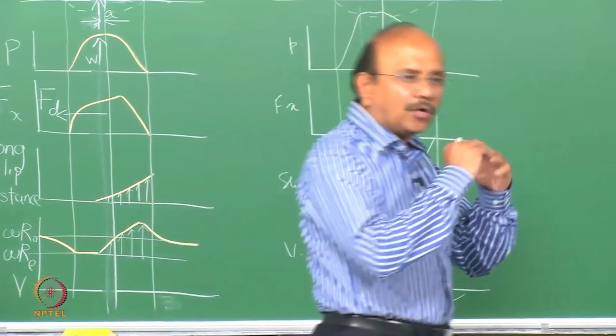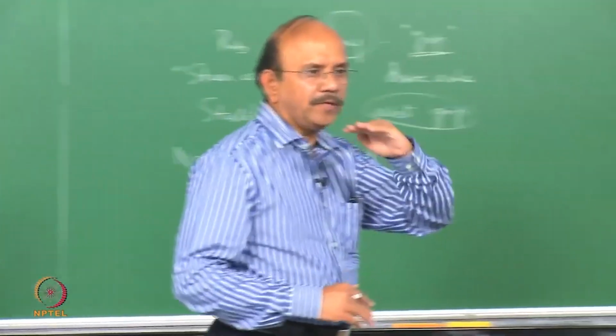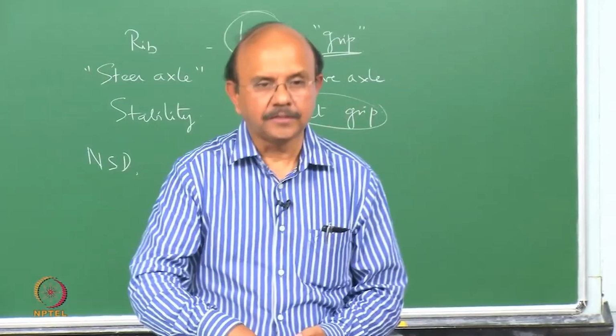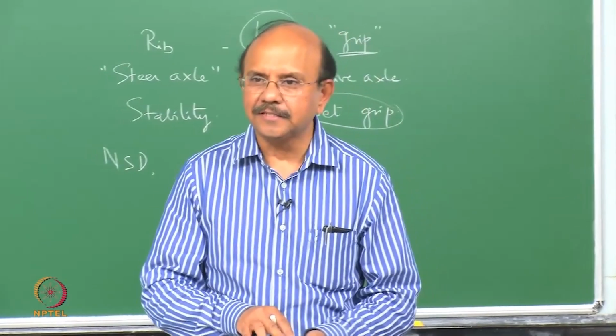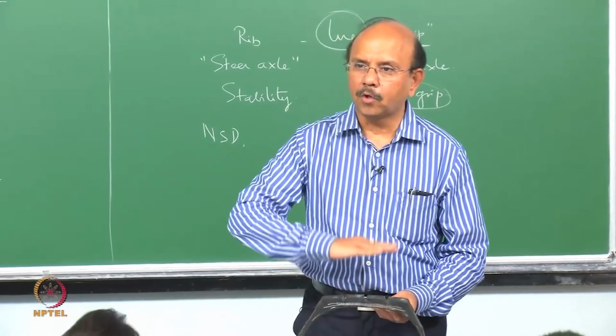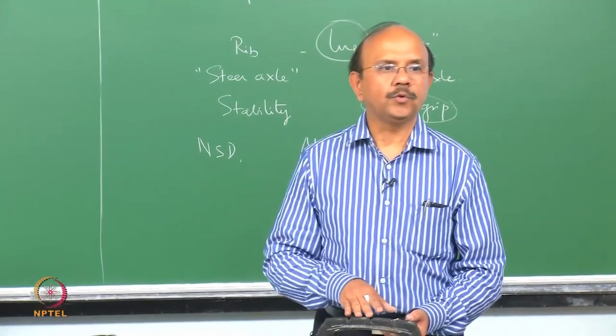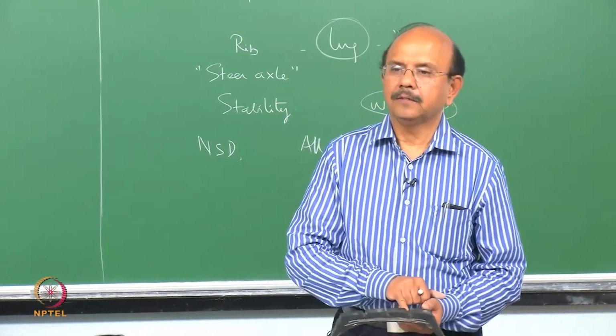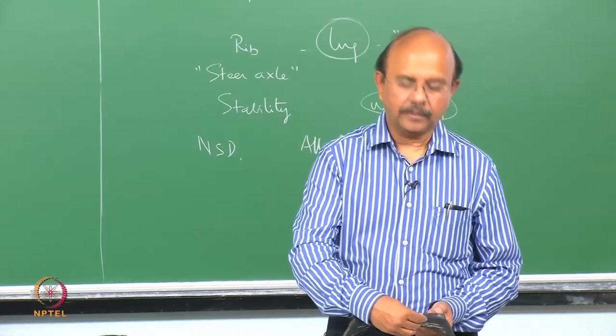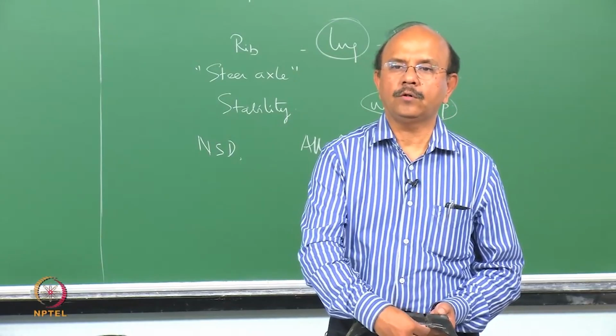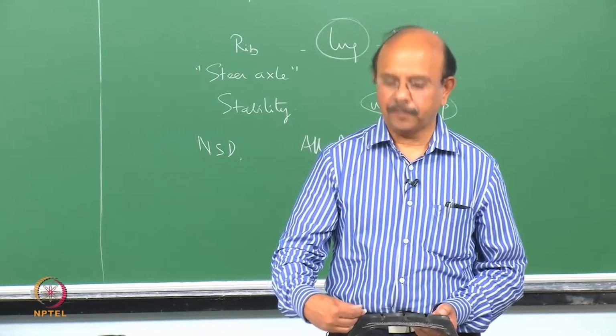So when the wear is not uniform in the rib, it doesn't wear out uniformly. What I mean is that the NSDs do not go down in a uniform fashion. Usually what happens is on one side the wear may be more, and on this side the wear may be less.